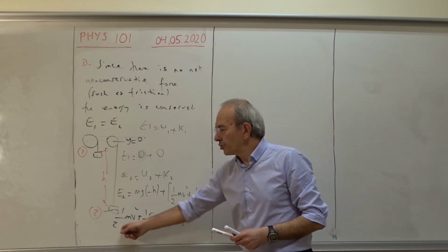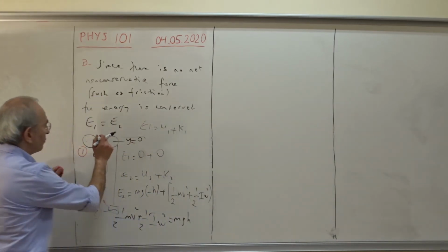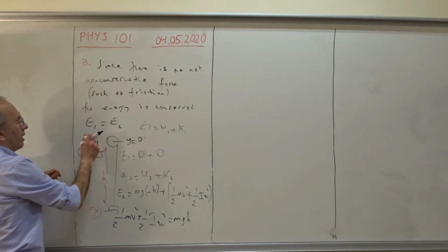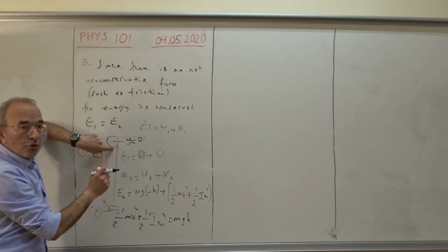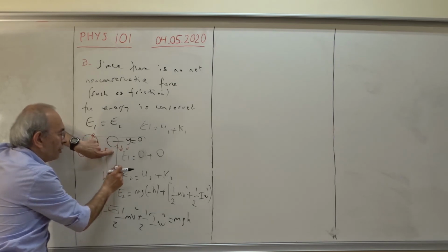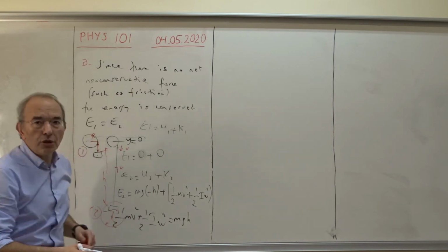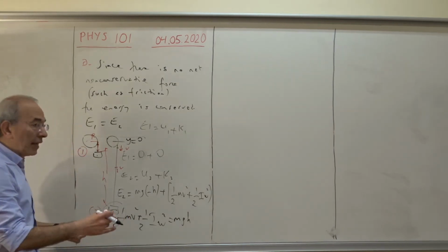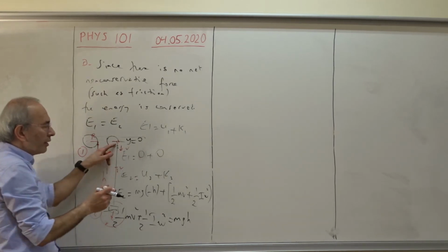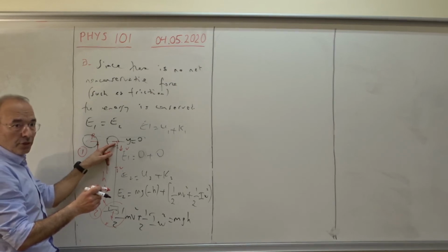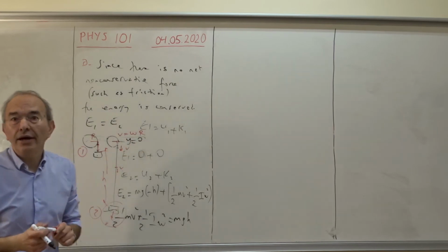Now we have to find the relationship between v and omega. If R is the radius, and this point of the rope has the velocity v, this point has the same velocity v. So whatever velocity the block has, little v, is the same velocity at this point of the rope. So this circumferential point on the disk has the velocity v, and that v can be written in terms of omega and r.